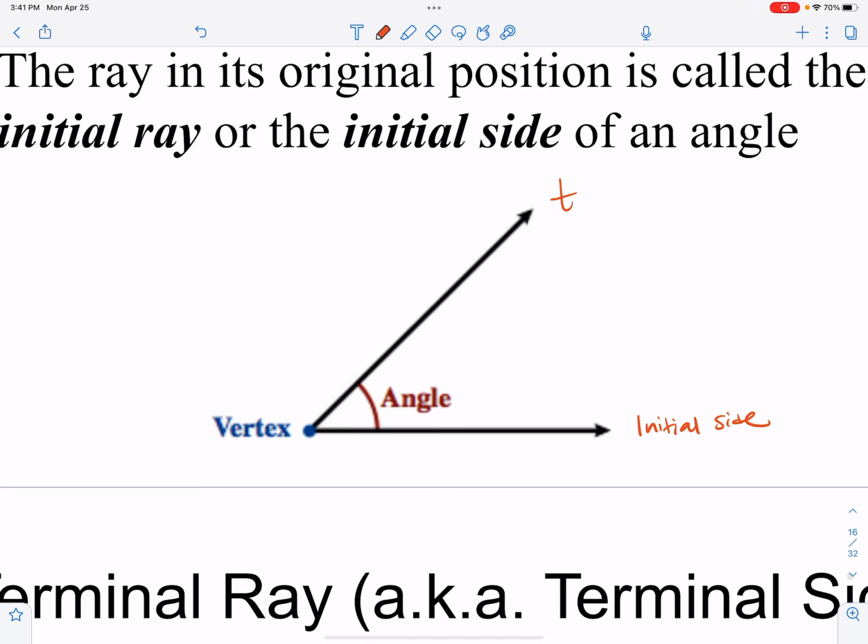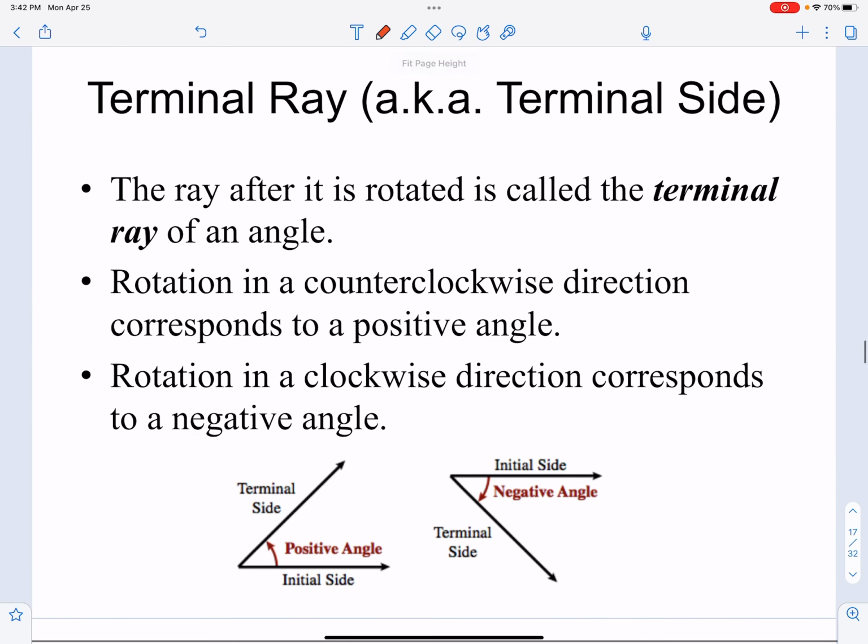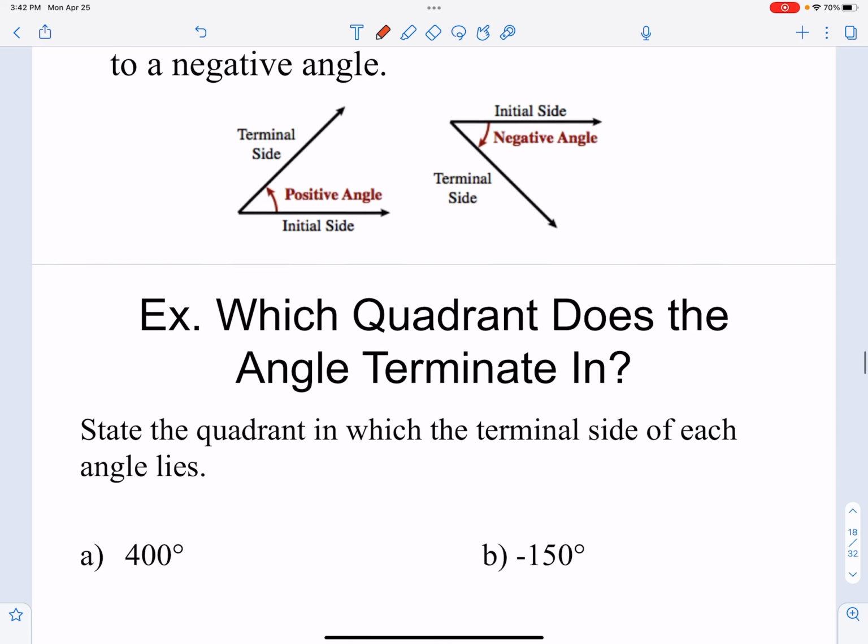And this would be the terminal side. The ray after it's rotated is called the terminal ray of the angle. If you rotate an angle in the counterclockwise direction, it creates a positive angle. And if we think about rotating in the clockwise direction, it creates a negative angle.